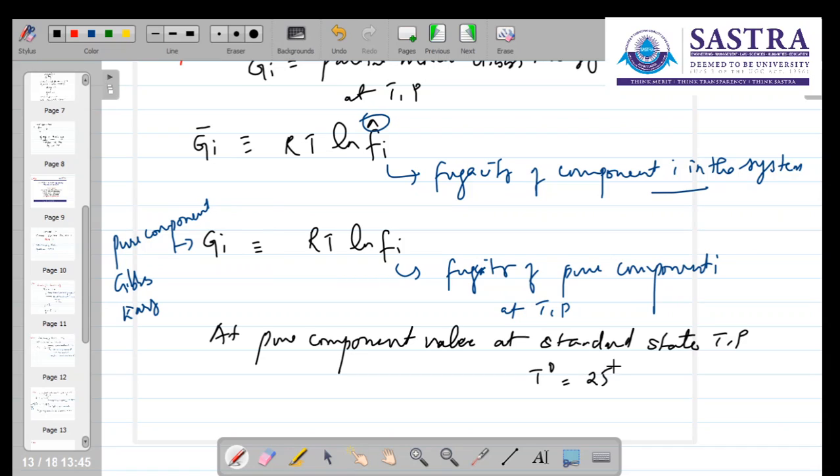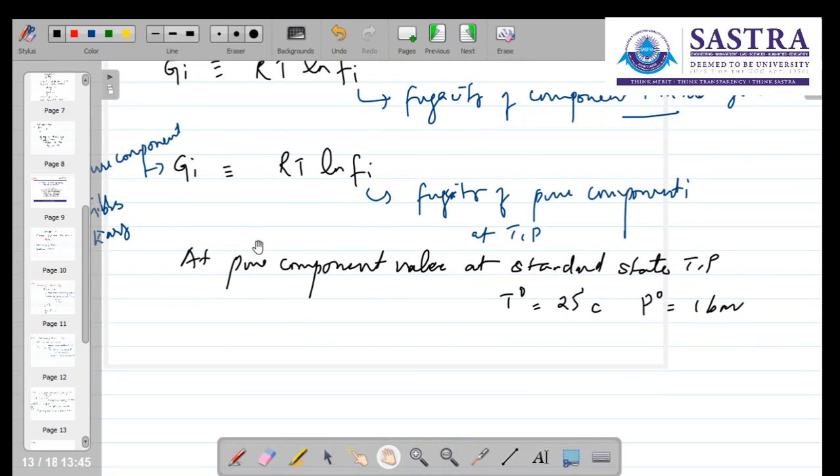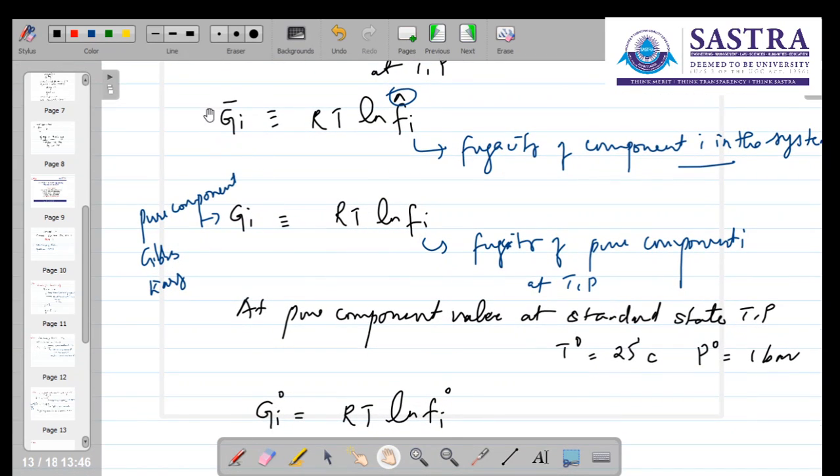This could be at 25 degrees Celsius, and the standard state pressure could be 1 atmosphere or 1 bar. So if we take the pure component at standard state, we write G i naught is equal to RT ln f i naught.